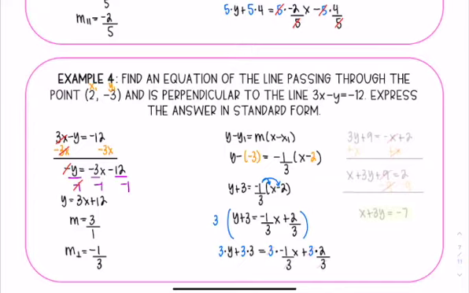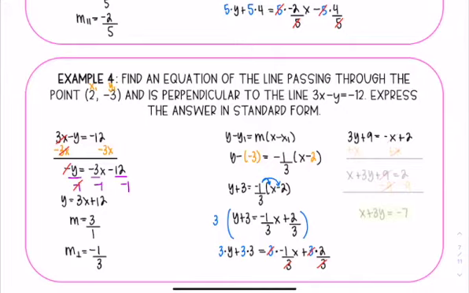And so on the right hand side, the 3's are going to cancel, and what we end up with is 3y plus 9 equals negative x plus 2.